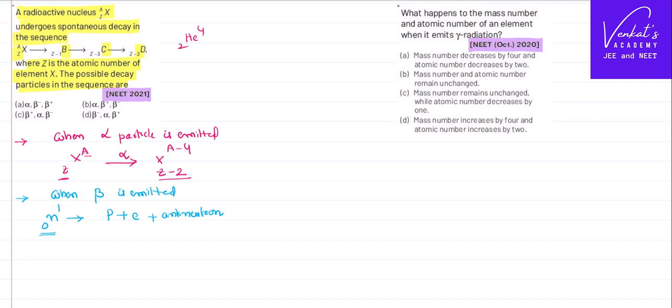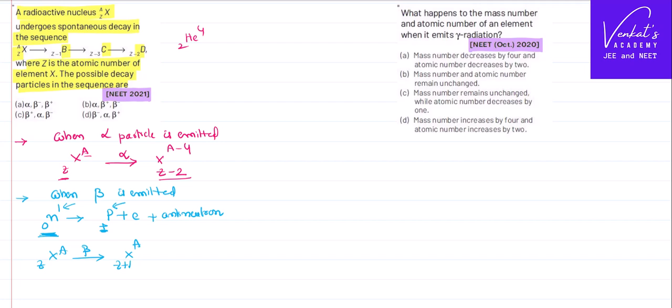So the mass number is not affected, because one neutron is converted into a proton. But a neutron has no charge, while a proton has a positive charge, so the atomic number increases by 1. So when a beta is emitted, A remains the same, but Z becomes Z plus 1.